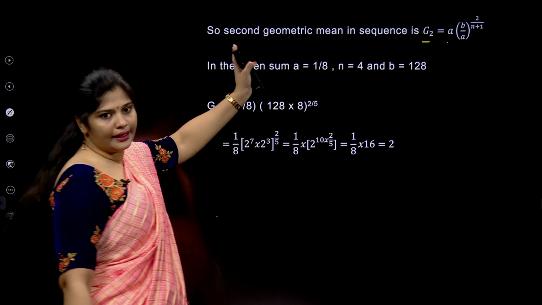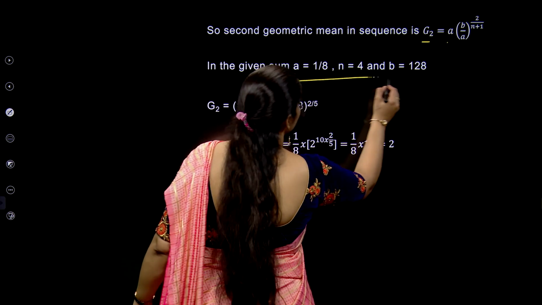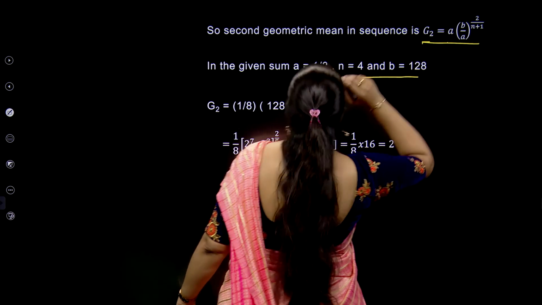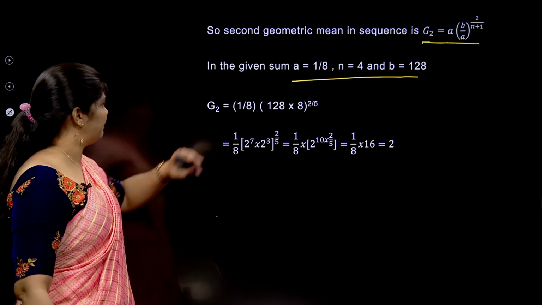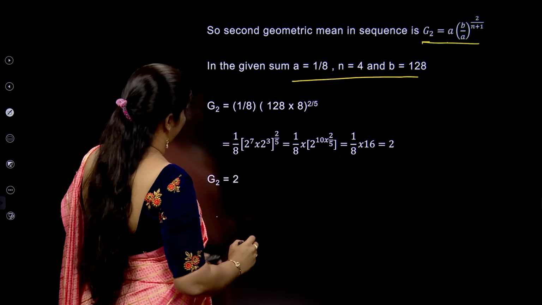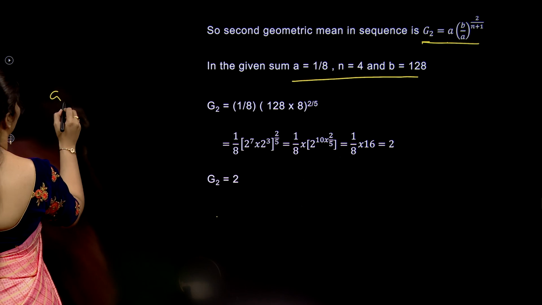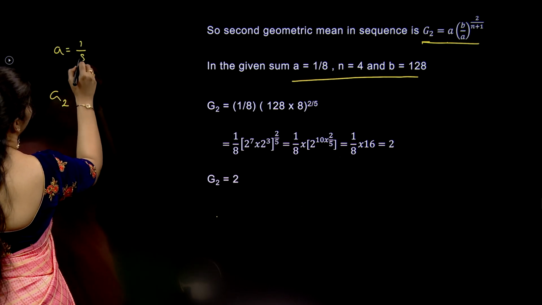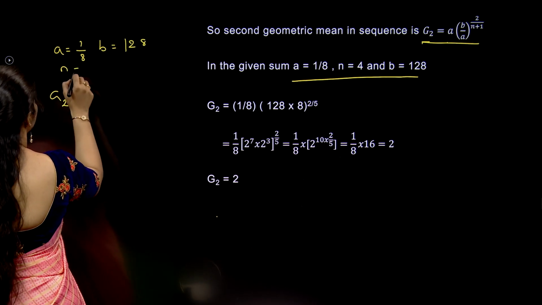It is already there in that question. So substitute these 3 values in this formula, G2 equals A into B by A whole power 2 by n plus 1. A value is 1 by 8, B value is 128, n value is 4.